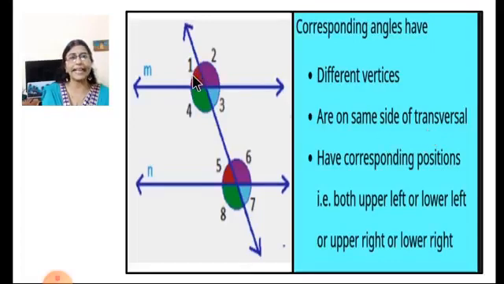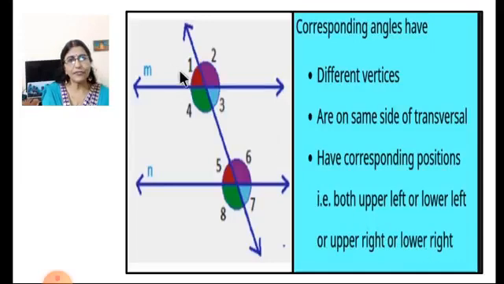Like here you see angle 1 which is marked red, it will be corresponding to angle 5 because they are on the same side of the transversal. Third point, they have corresponding position, that is both upper left or lower left, or upper right or lower right.